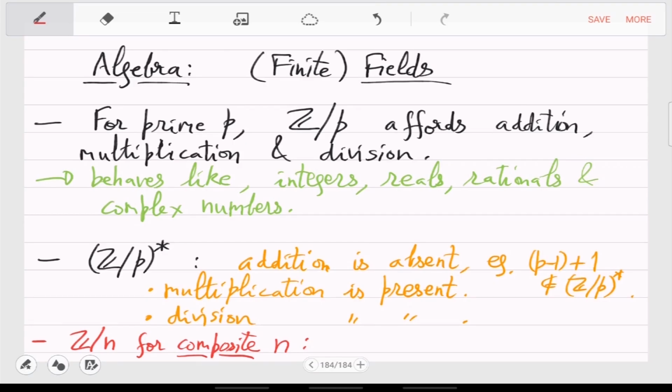Yeah, so addition and multiplication are still there, but division is absent, right? Because as we have seen many times before, you take Z/4, so then 2 inverse is not there. It doesn't exist. So only division goes out.